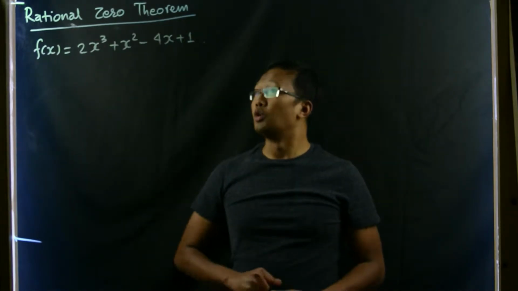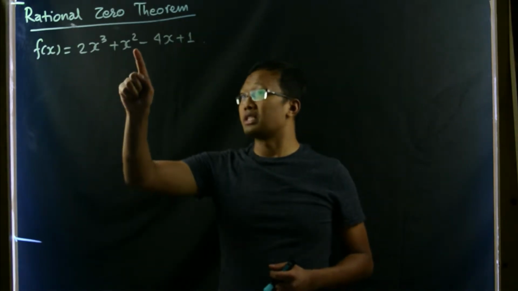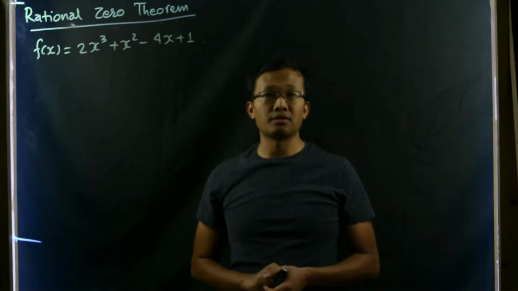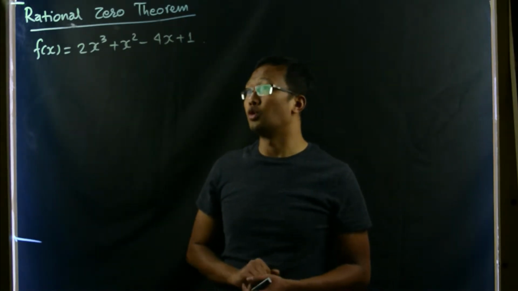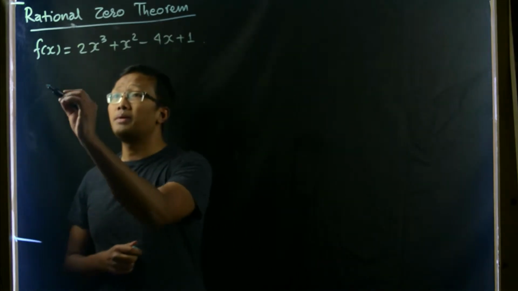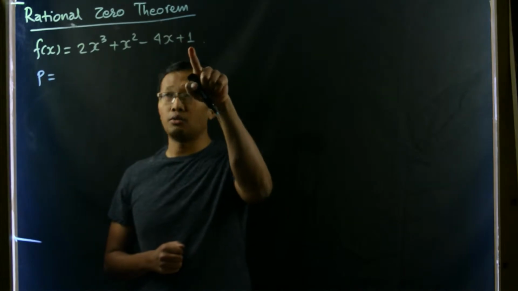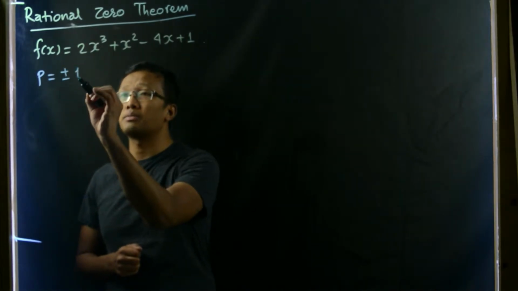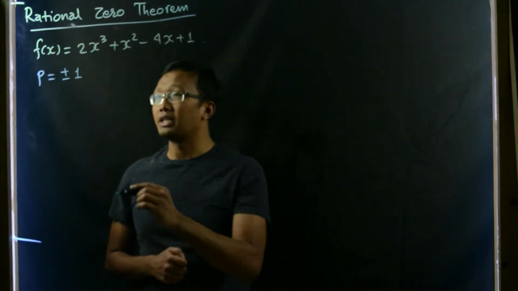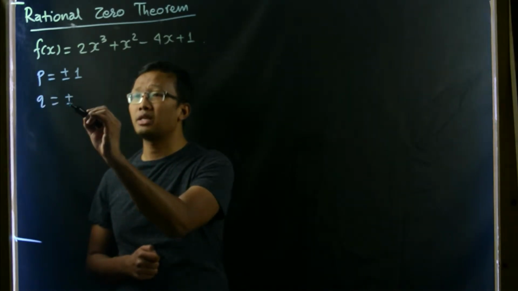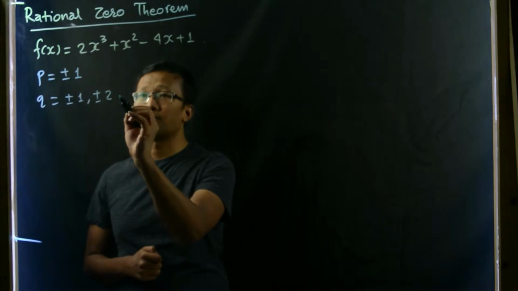So consider a polynomial f(x) equals 2x cubed plus x squared minus 4x plus 1. Let us first figure out the rational zeros of this polynomial. So p would be the factors of the constant 1, which would be simply plus minus 1, and q would be factors of 2, which is plus minus 1 and plus minus 2.